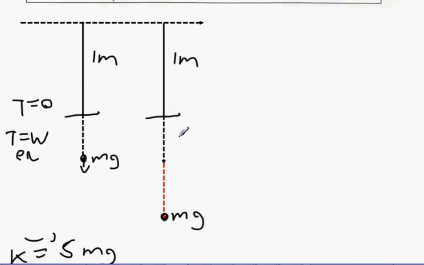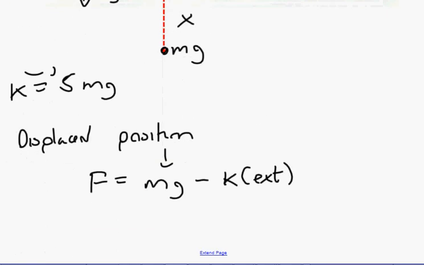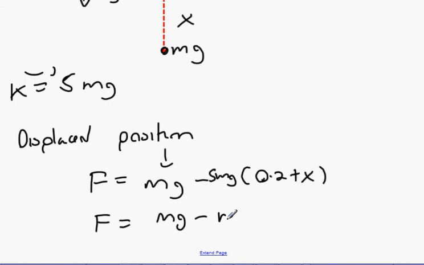The entire extension is going to be your 0.2 plus x. So it's going to be K times 0.2 plus x. And what's K again? Minus 5mg. So F therefore equals mg minus mg minus 5mgx.